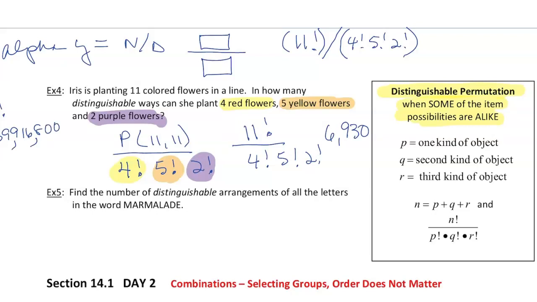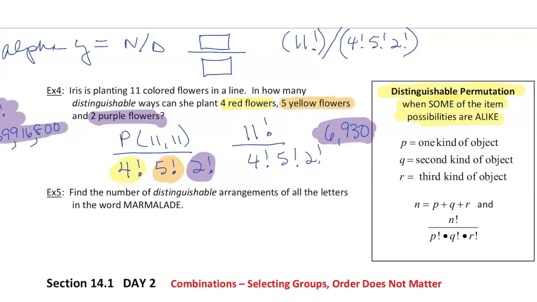So when you have things that repeat, look what happens to the number of permutations. It reduces it. So the distinguishable permutations are this number. Okay, if I had 11 different flowers and I didn't have repeats, it would have been this number.